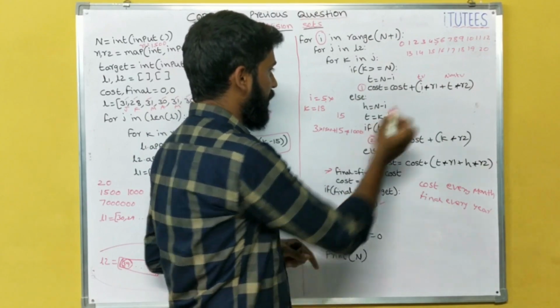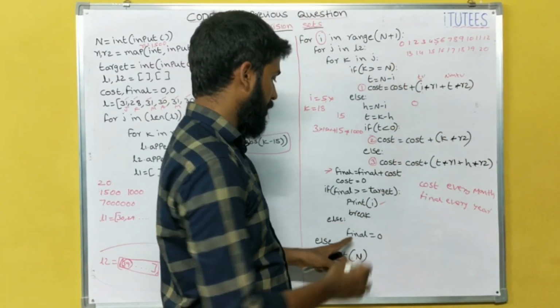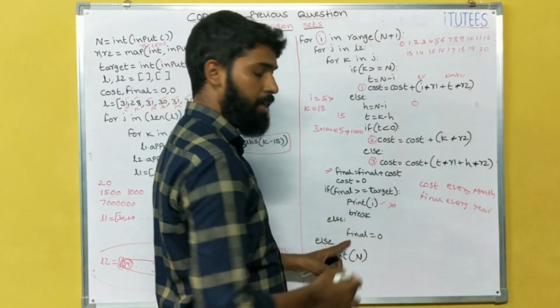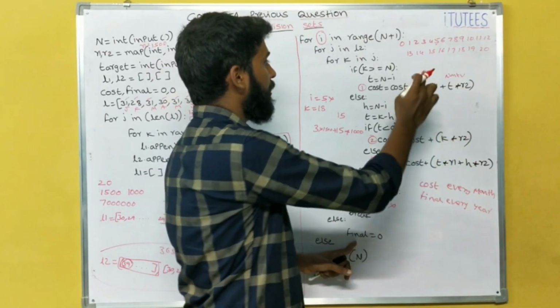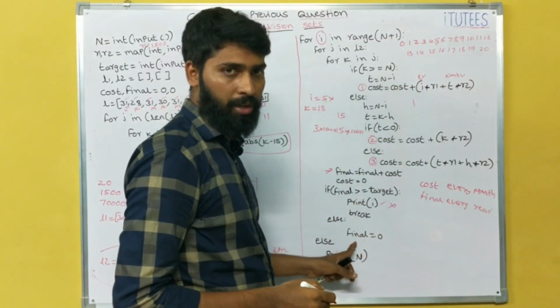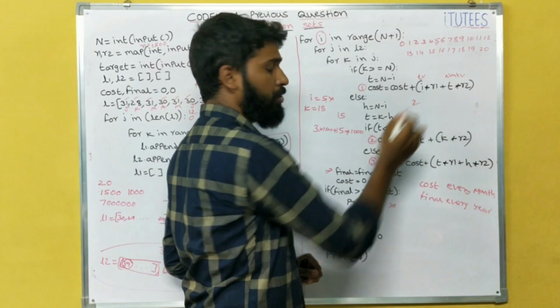In this case, first initial I equals 0. So this was false, and we go to the else block, and final equals 0, and again we start the same process by initiating I equals 1. In that case also it is false, so I becomes 2.